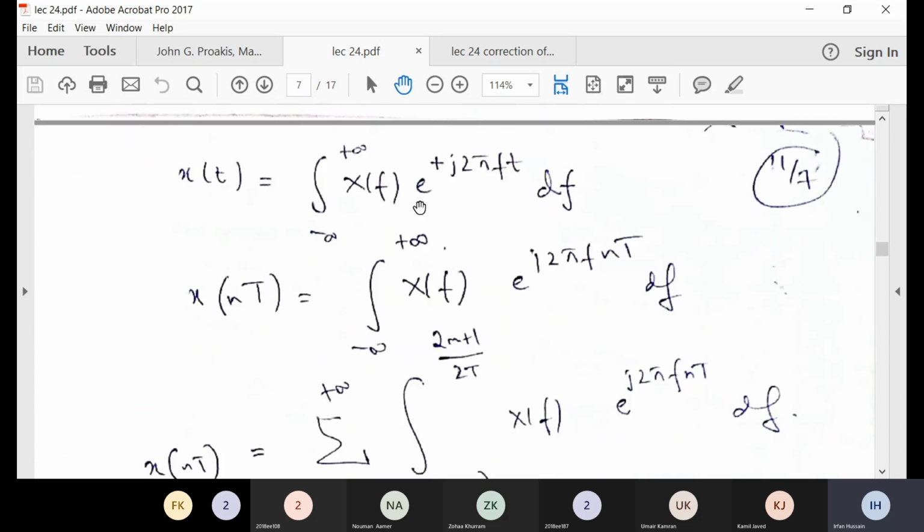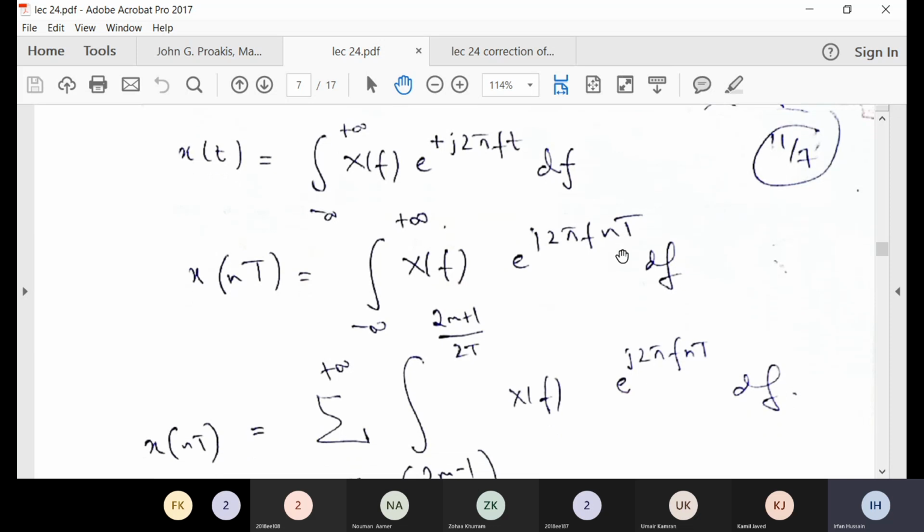So we all know x(t) is the inverse Fourier transform of X(f), then x(nT): we sample t at integral multiples of the sampling time, so wherever there is t, you replace it by nT.